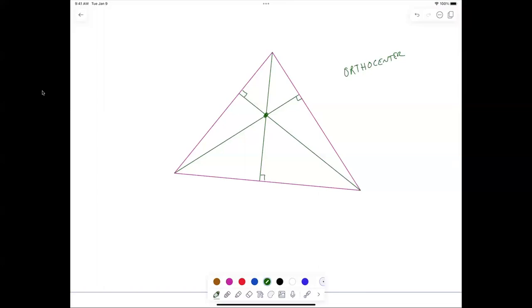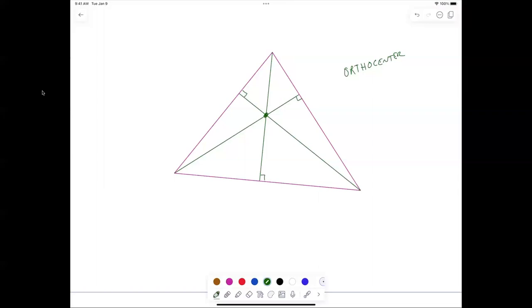Now, believe it or not, if we took this triangle and calculated the orthocenter, the incenter, the circumcenter, and the centroid, all four of those fancy terms, all four of those points would line up and make a line.